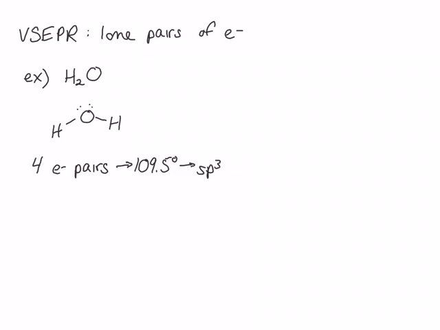And so when we draw this molecule, we're going to have that central oxygen atom. It's going to have sp3 hybridization, so it's going to have 4 sp3 hybrid orbitals around it.